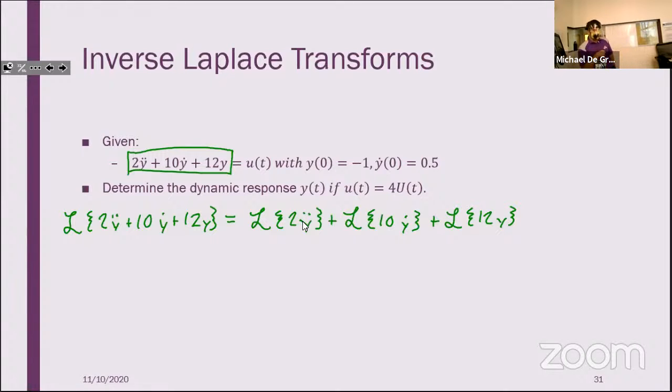We just used the superposition rule, property B. Now we need to use our differentiation properties, the properties that I circled or put in the red box. Okay, so the constant can come out. If I'm looking at L of 2y double dot, this is going to equal 2 times, well, what's y double dot? s squared times Y of s, minus s times the initial condition, y naught, minus y dot naught.